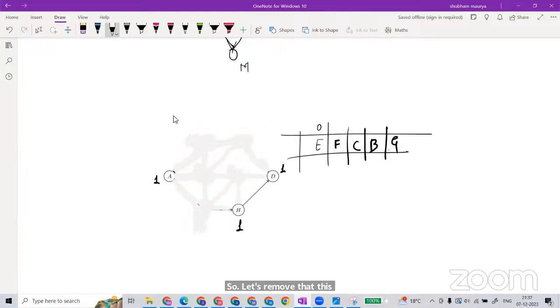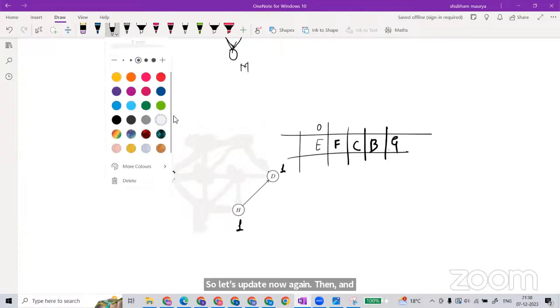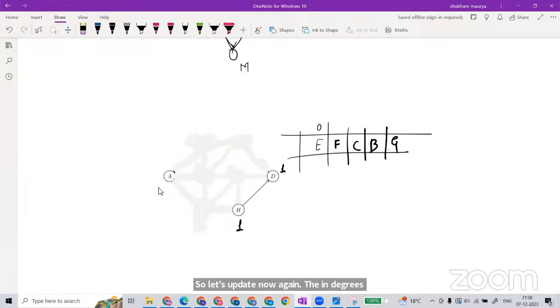Now let's update again the in degrees. Okay, this will become now 0, and this will become again 0, and this is 1.